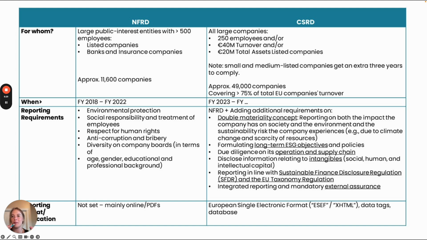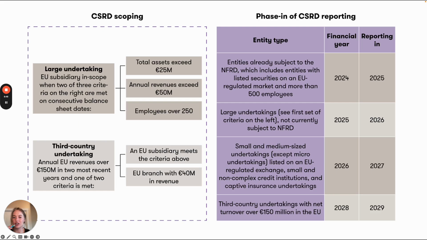Basically it just means that it has to follow those standards, which a lot of people are already familiar with. And then again, be audit ready. The reporting format will be very specific, and there will be a database site where your reports will be uploaded, and more information to come on that in the future.